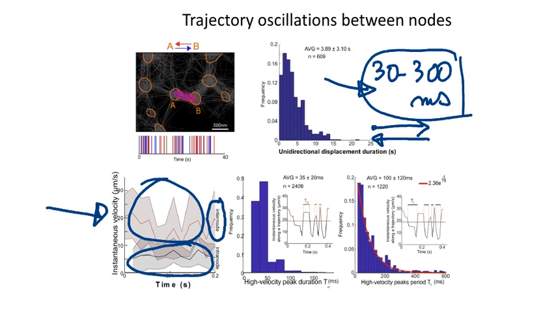And here we looked at the velocity peak: the high velocity lasted about 35-40 milliseconds, while the periods of low velocity were about 100 to 120 milliseconds.